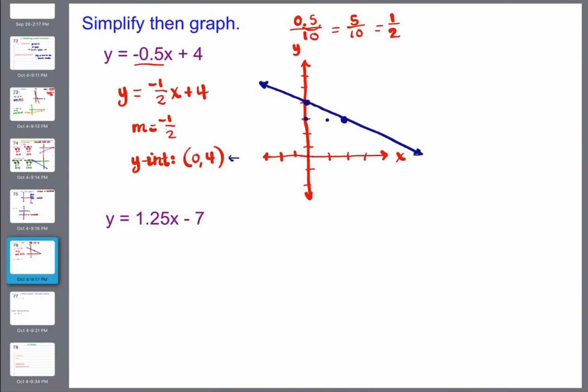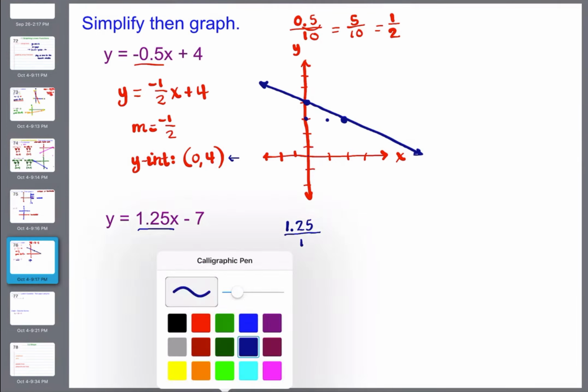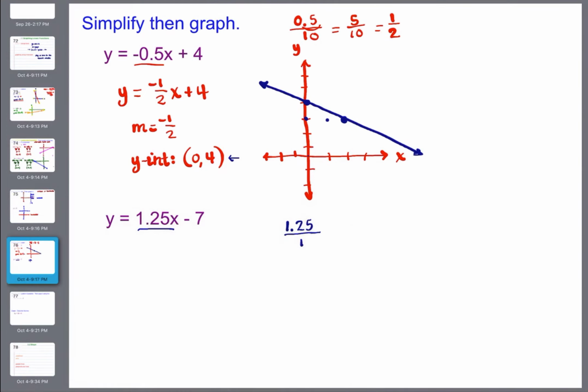All right, so when we get to the next one, we're going to try that trick again. You notice I have the number 1.25, so right now I have 1.25 over 1. I'm going to use a different color so we can see it a little better. I need to move the decimal 2 places, so I'm going to add 2 zeros. That means I have 125 over 100.